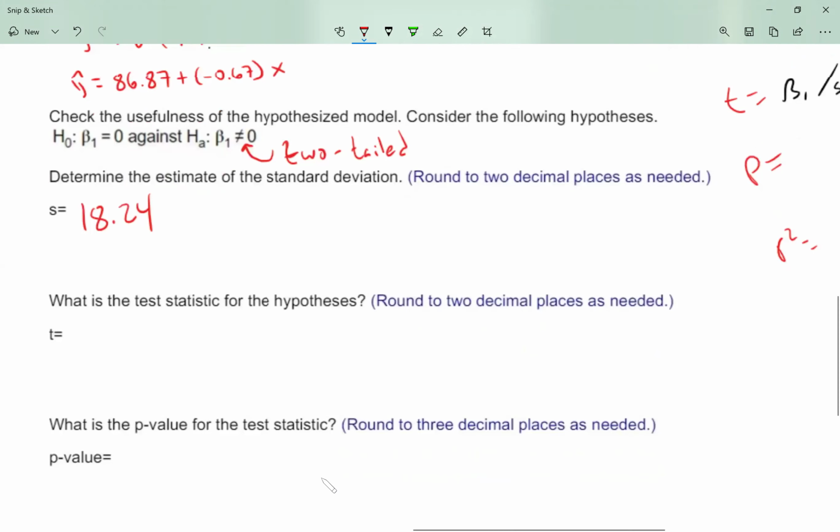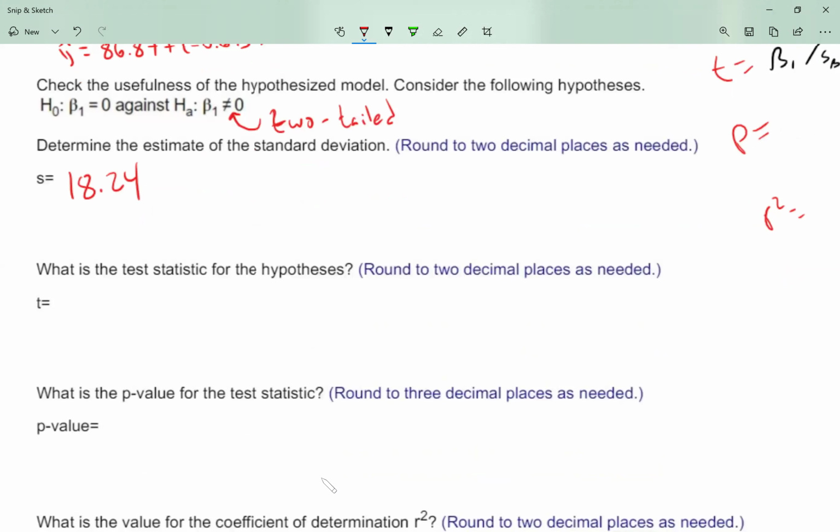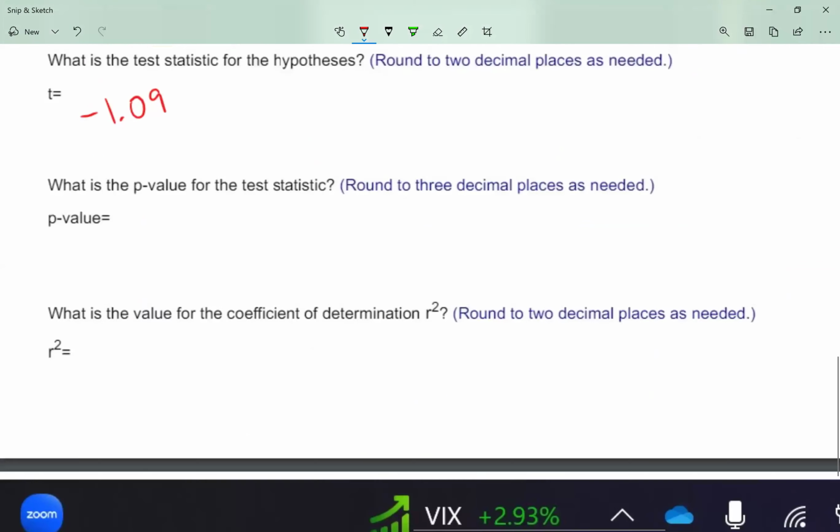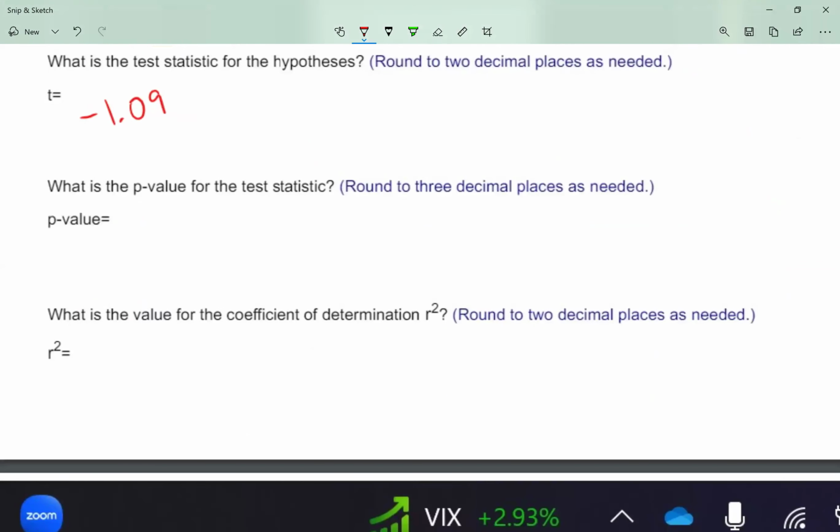My t value, we found that already. Our t value is a negative 1.09. Now we're going to finish with our p-value and an r-square.